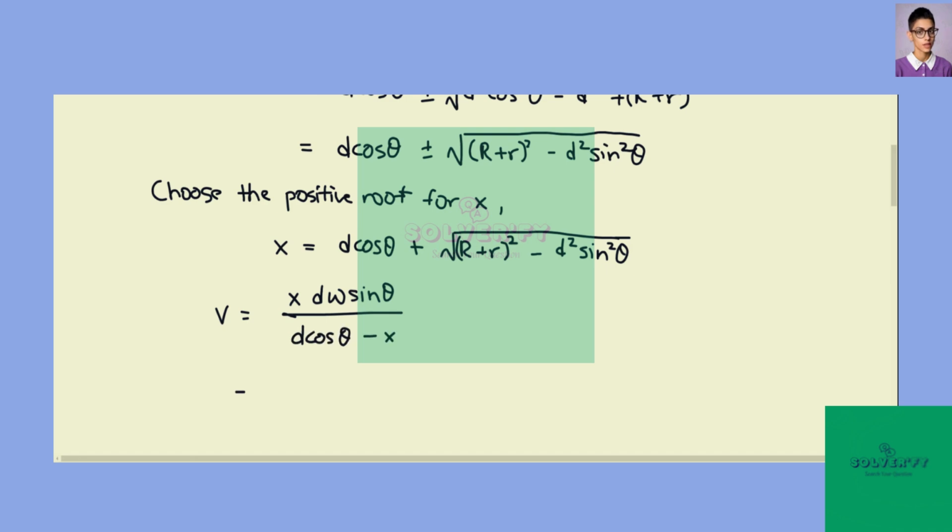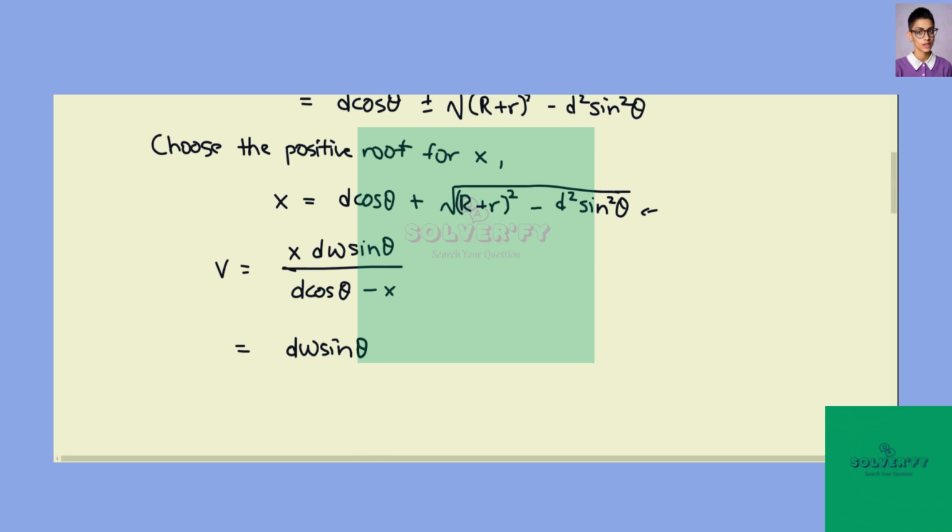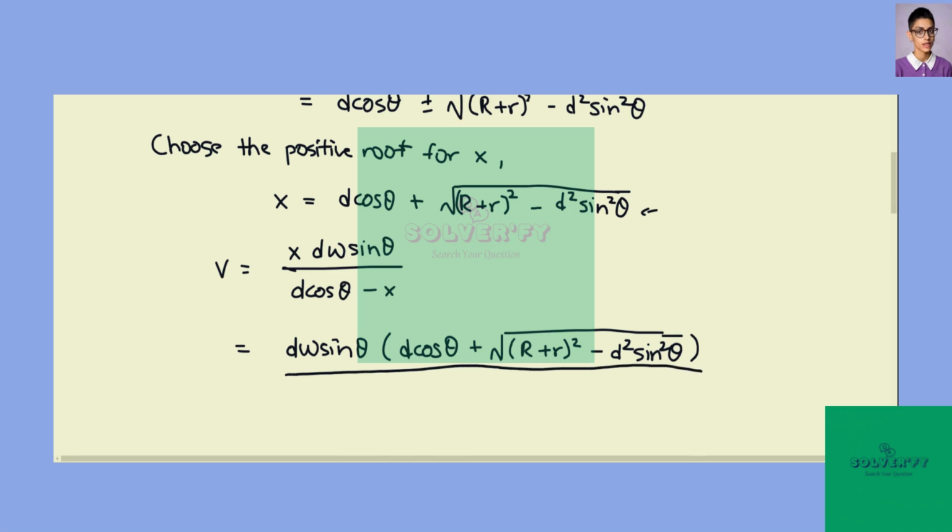I'm going to replace x using this equation, so we get d omega sine theta times d cosine theta plus the square root term, (R plus r) squared minus d squared sine squared theta, divided by negative the square root term.